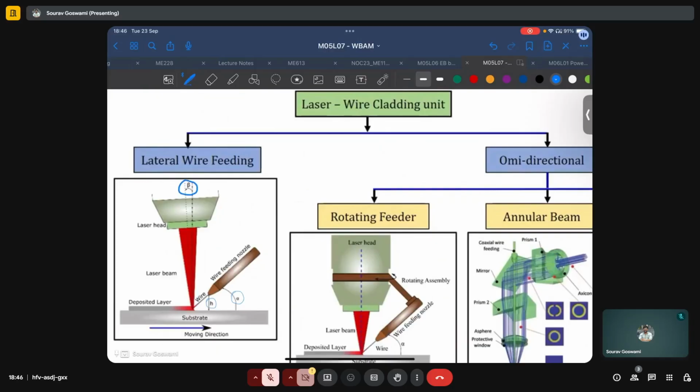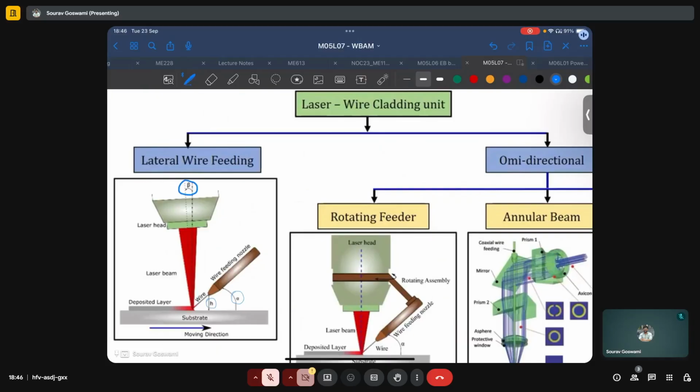The reason for this inclination is very clever. Metals are typically reflective, and if we are working with a highly reflective workpiece or material, such as aluminum, then there is a chance that some of these incident laser beams will be reflected back into the laser optics if it is exactly vertical. That is because the angle of incidence is equal to the angle of reflection.